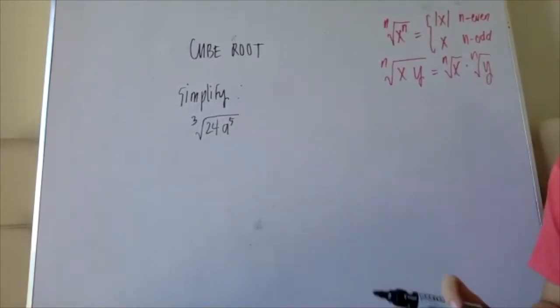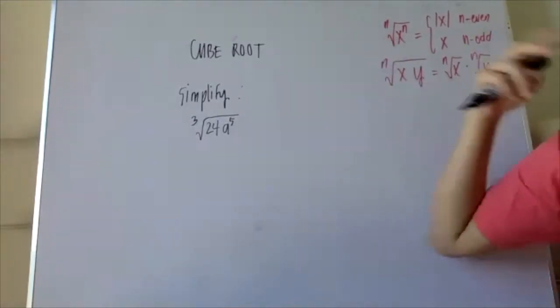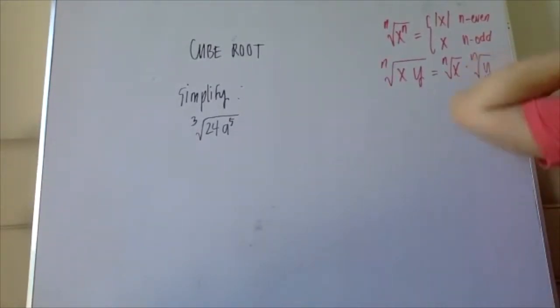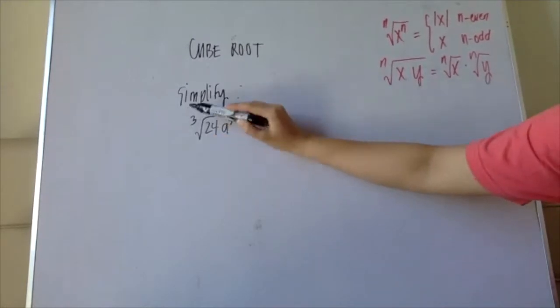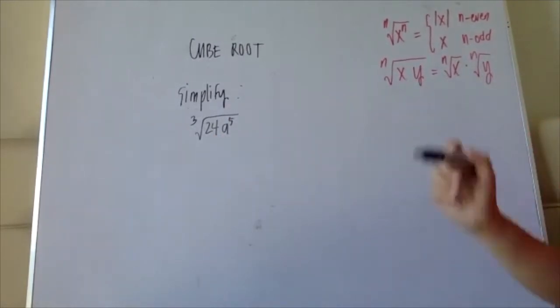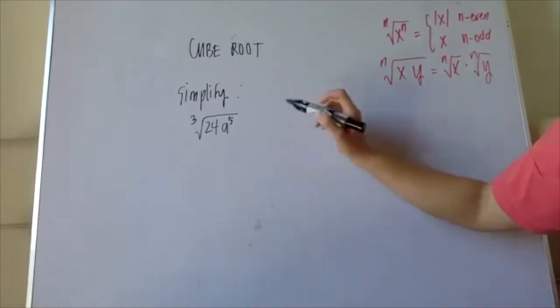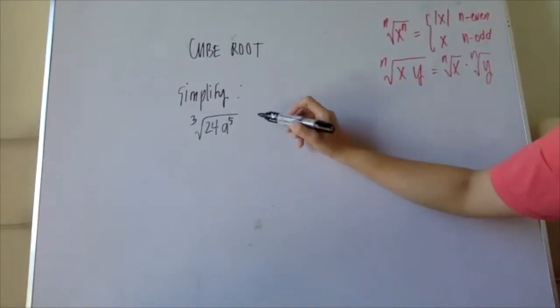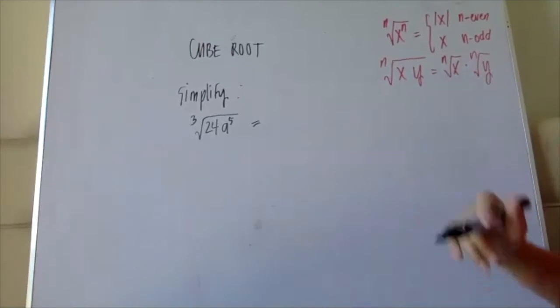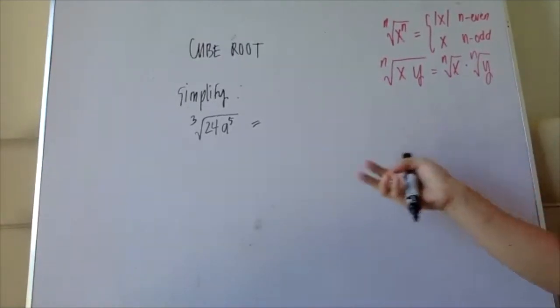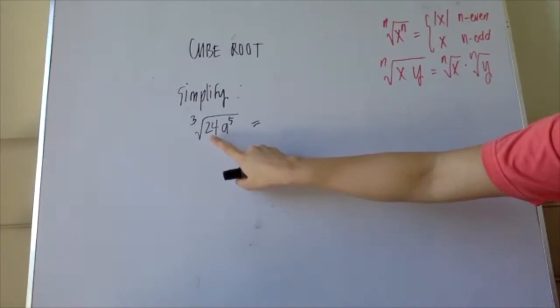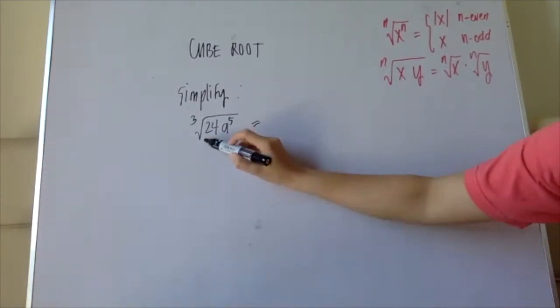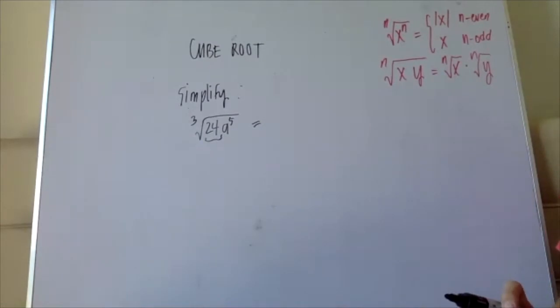So, same lang din yung method kahit cube root or mapailang root pa yan. The idea is just to express this as factors na may perfect cube. So, sige, gawin muna natin yung long method, okay? So, yung long method or yung parang foolproof for me is to get the prime factors ng coefficient, okay?